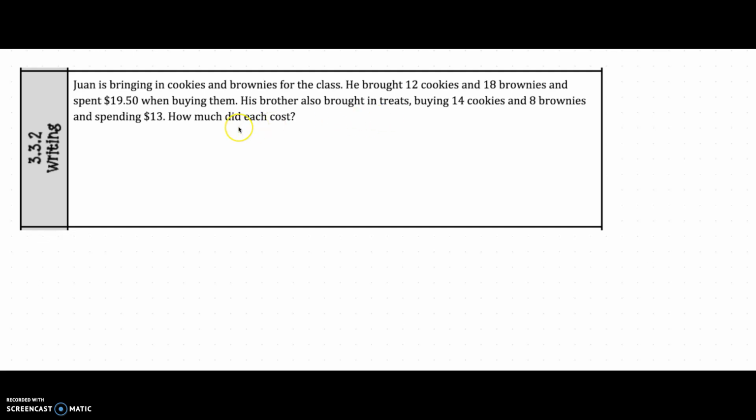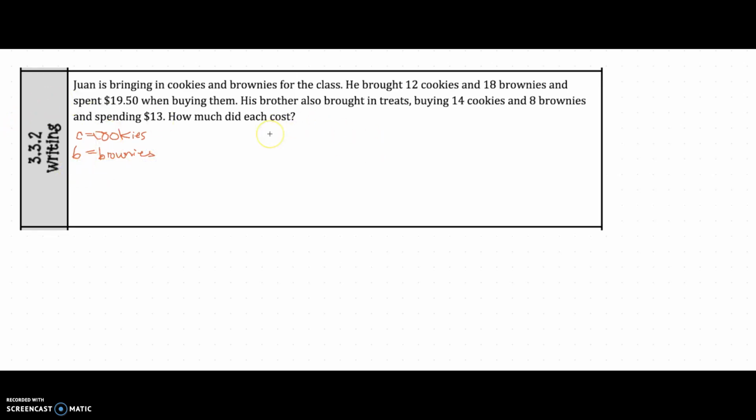So we actually wrote this system in the 2.0 level, but we want to refresh our memories of what we did. So we are always going to have two variables, and I want to write what they're going to be. So C is going to be the variable I use for cookies. Again, you can choose whatever you want. And then B is brownies. And then we're also going to always have two equations.